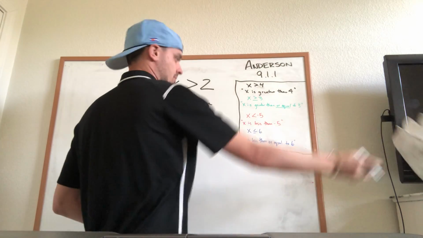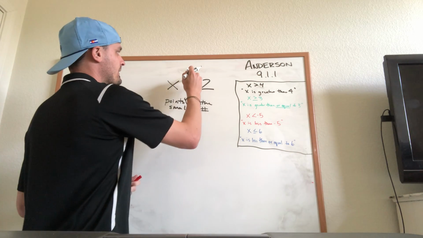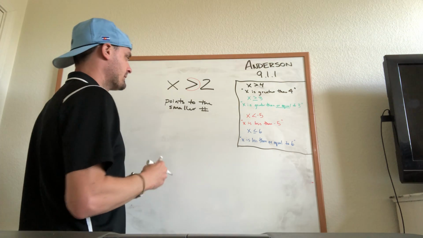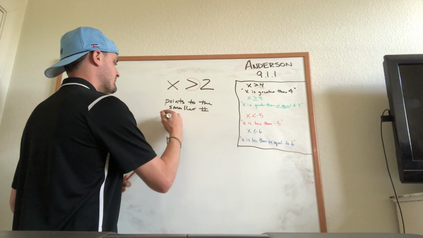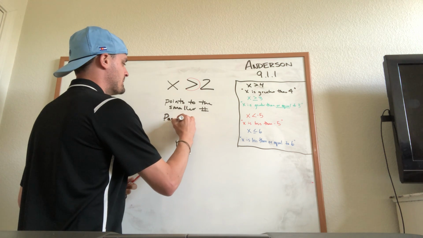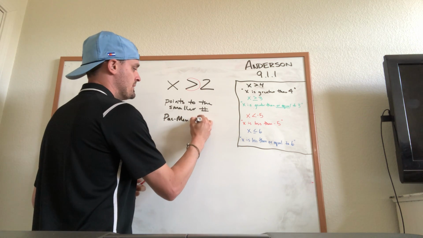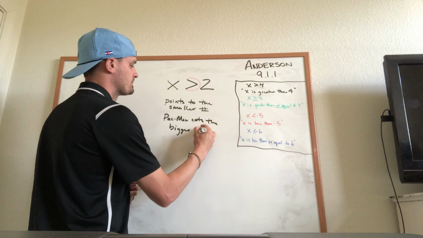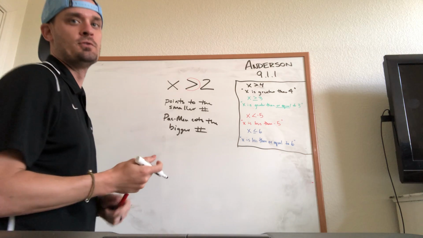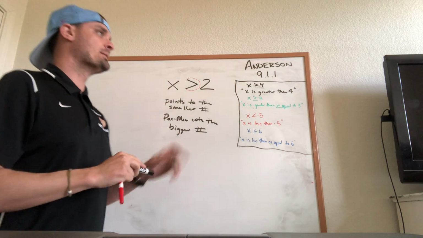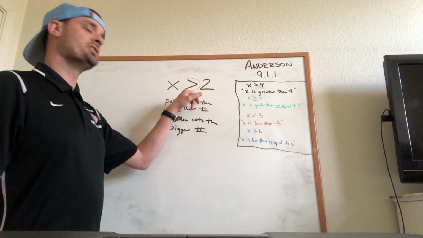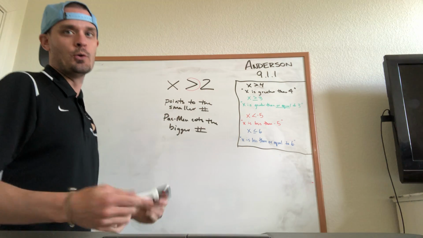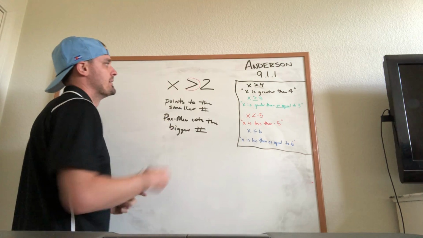The other thing was, take a different color here, turn that into Pac-Man. Pac-Man eats the bigger number. So you can look at it one of those two ways if you have trouble remembering, based on which way the inequality is facing. Always remember it points to the smaller number, or you could just state that Pac-Man here.